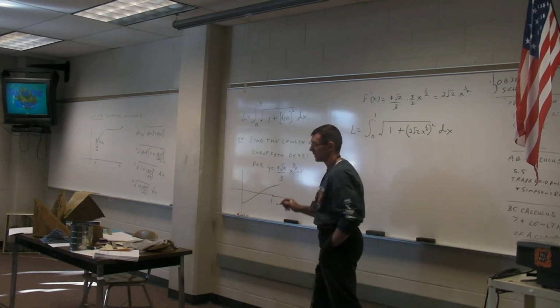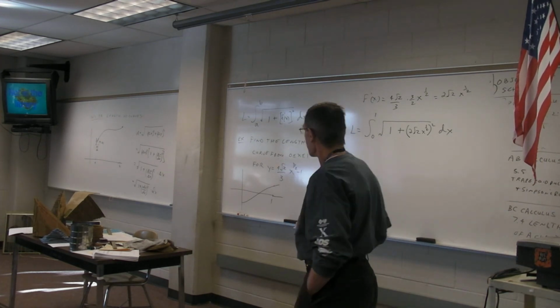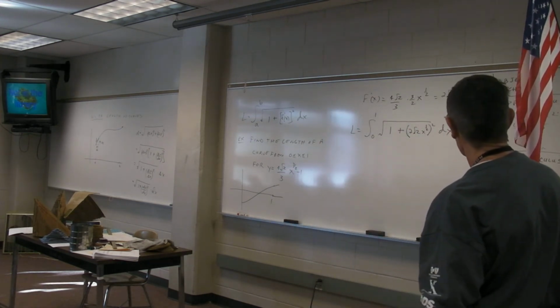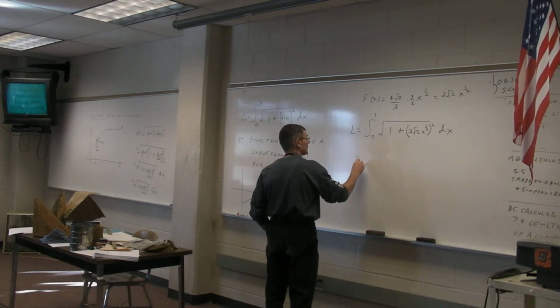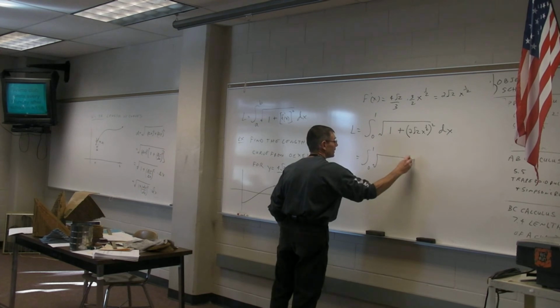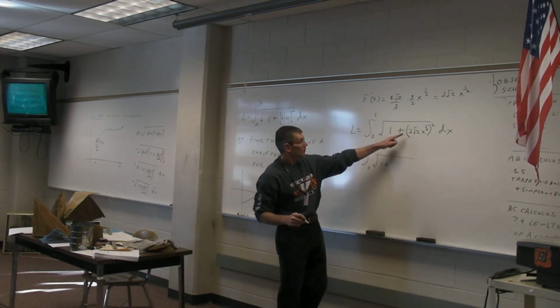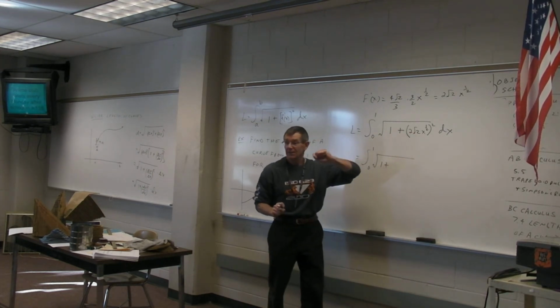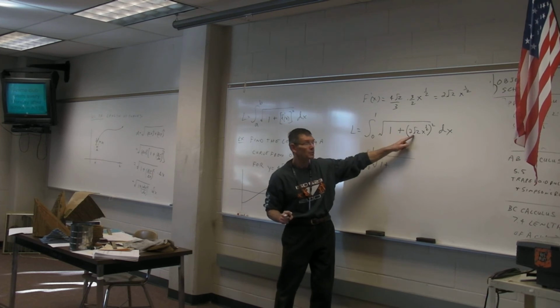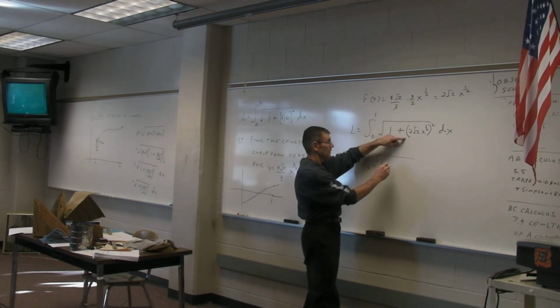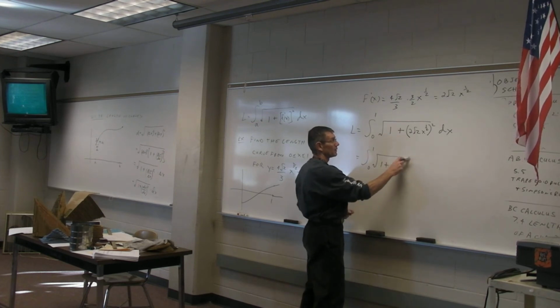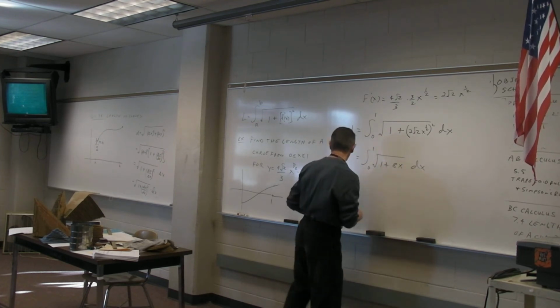Because I stated that. All right, and let's simplify that. 1 plus 2 root 2 squared is 8, because 2 squared is 4, square root of 2 squared is 2. So that would be 8x, dx.